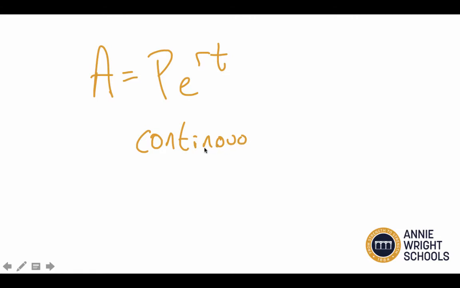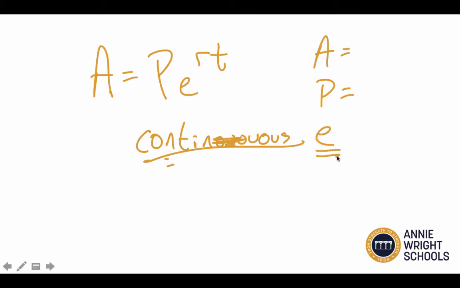Continuous interest. Sorry about the poor spelling. And it's the same idea. A is the amount present after time. P is the principal. e is just a number. It's like pi.